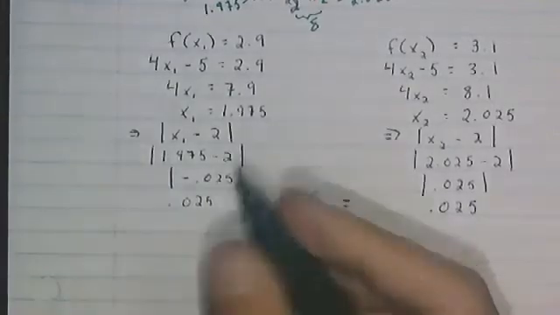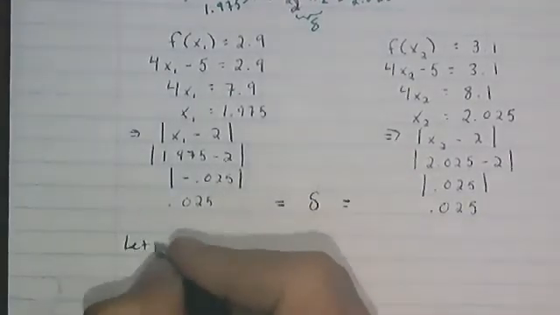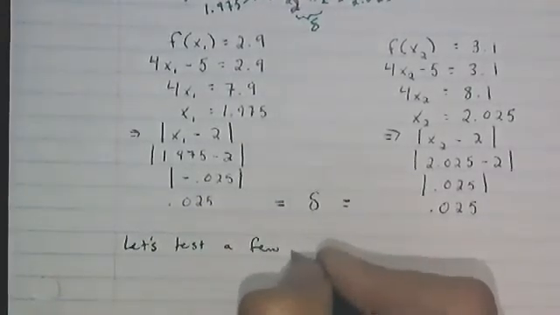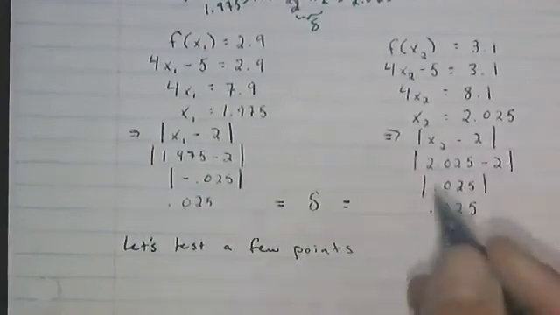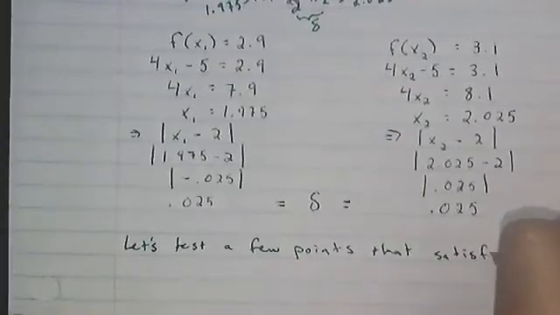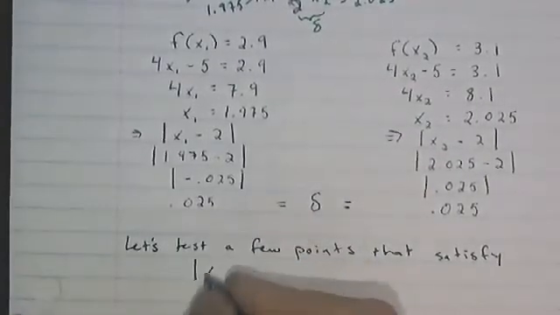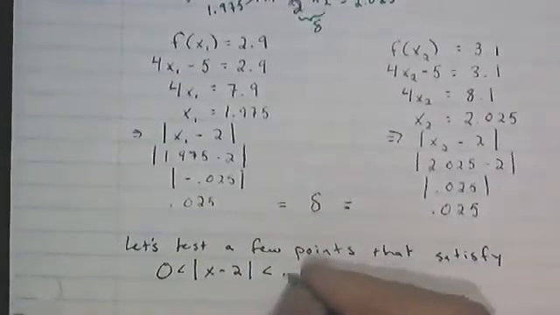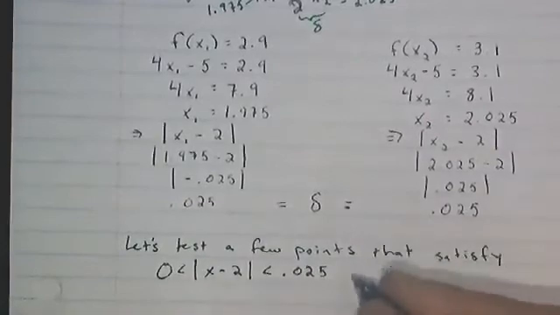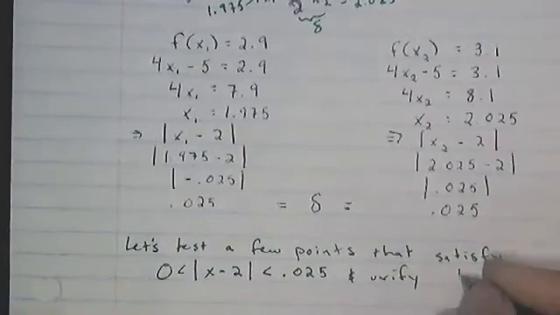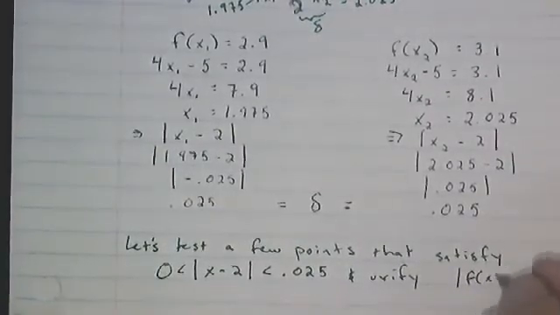Just test a few points that satisfy |x minus 2| is less than 0.025, and verify that the resulting |f(x) minus 3| is less than 1/10.